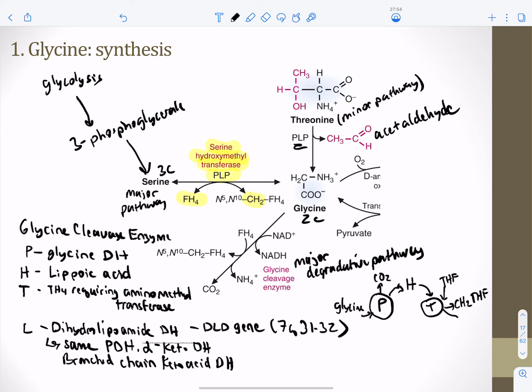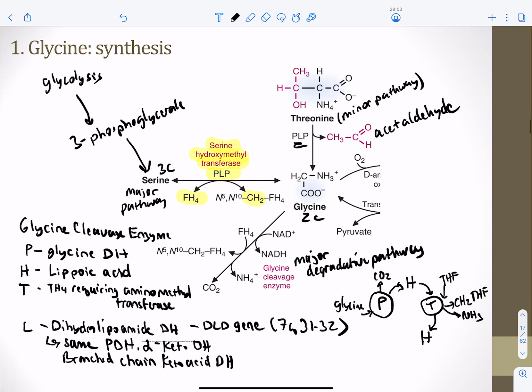You're also going to release your nitrogen. And then you're going to regenerate, basically. So you go back to lipoic acid, then you transfer to your L subunit, back to your H subunit, and then regenerate back to the P subunit. This is how the complex works for breaking down glycine, and this is the major degradative pathway of glycine.